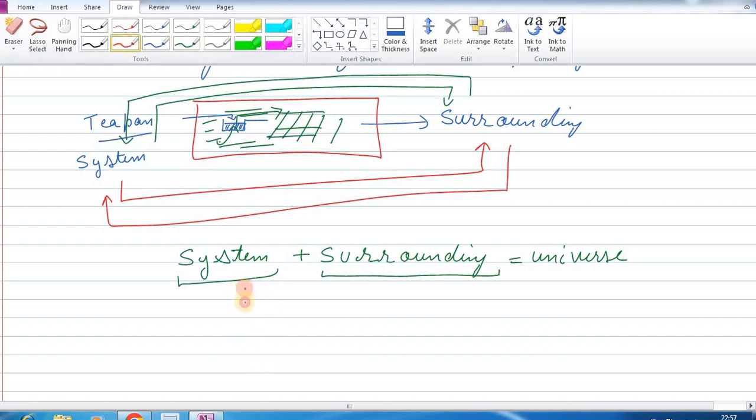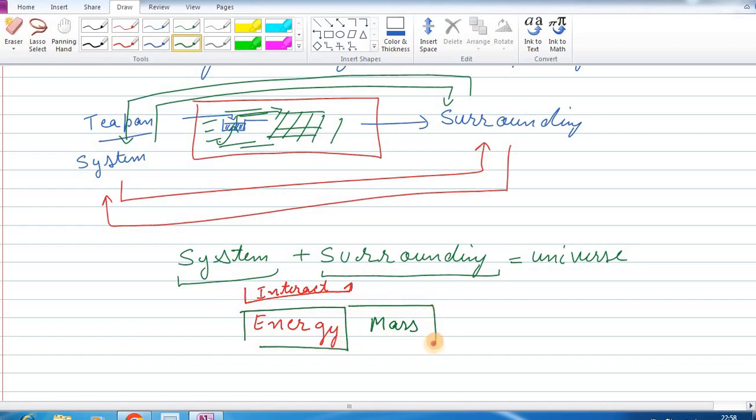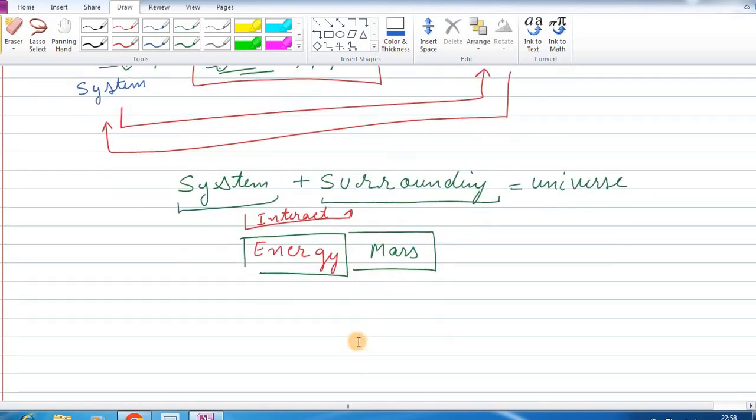System and surrounding mainly interact in two manners: in terms of energy and in terms of mass. So on the basis of the type of interaction between system and surrounding, on the basis of energy and mass, systems can be of three types.